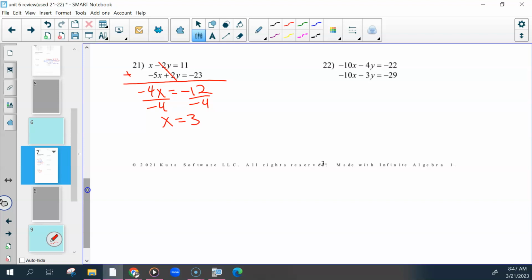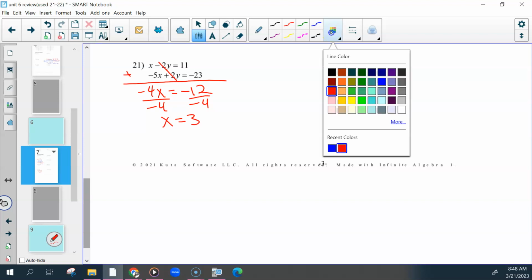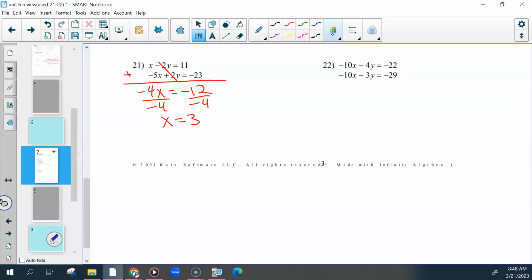And then once you have your x, go back and solve for y. Does not matter where you put that in. So let's say I put that into the first one. 3 minus 2y equals 11. And now I'm solving for y.